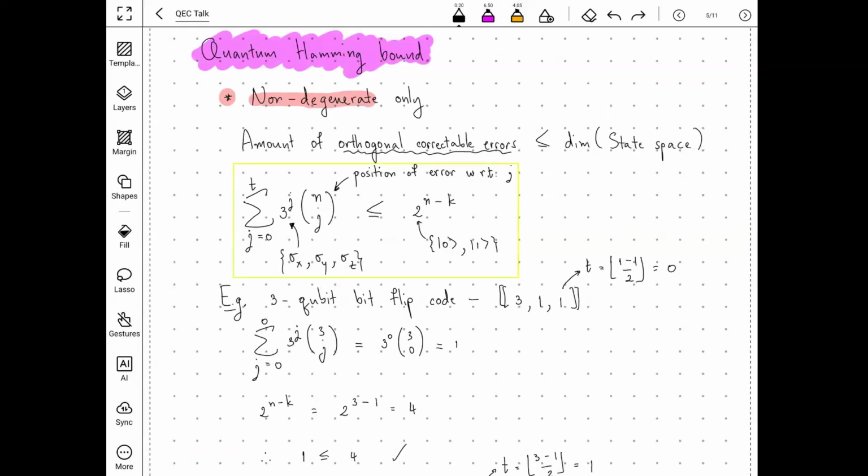So it's going to be j equals 0 to t, which is 3 minus 1 over 2. So that's just 1, isn't it? And then there are 5 possible positions for errors, and then j.